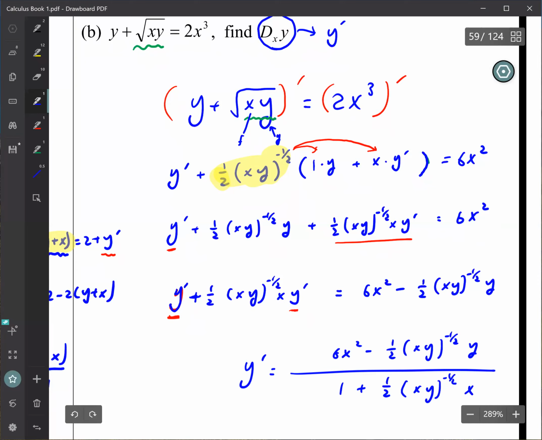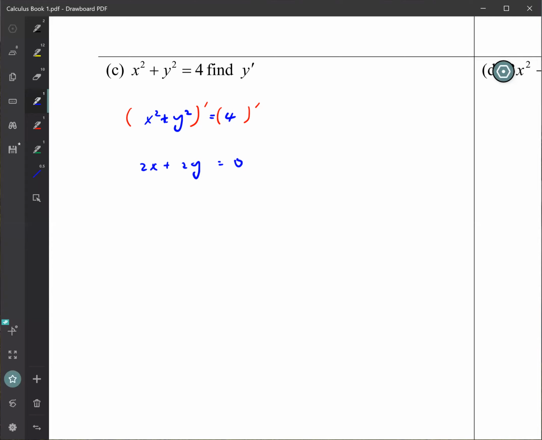Oh, because you already primed it. So where is the flaw? What did we forget to do? We are supposed to prime both sides, but how come we don't have the y prime anymore?